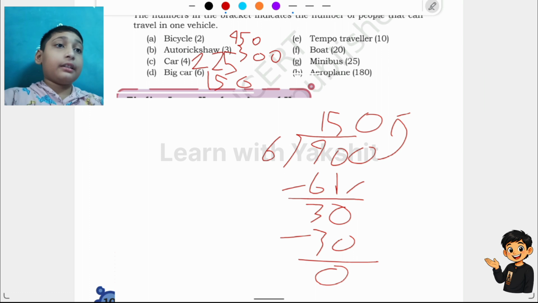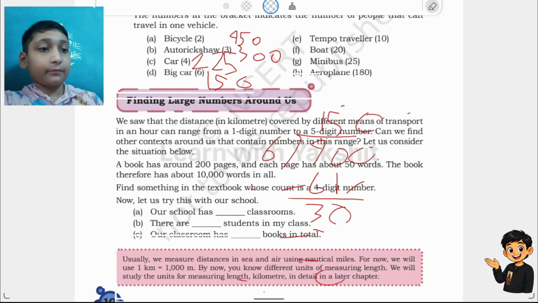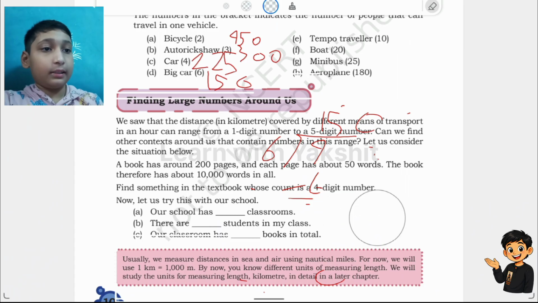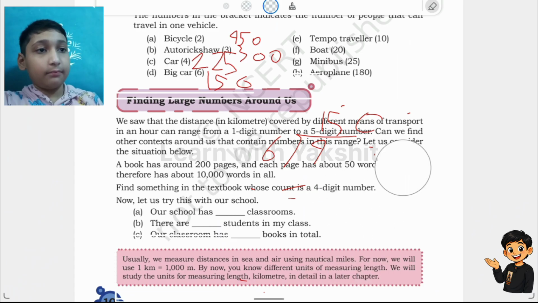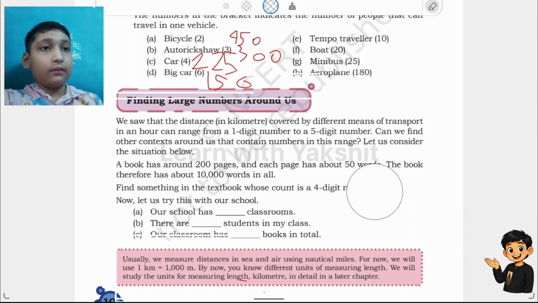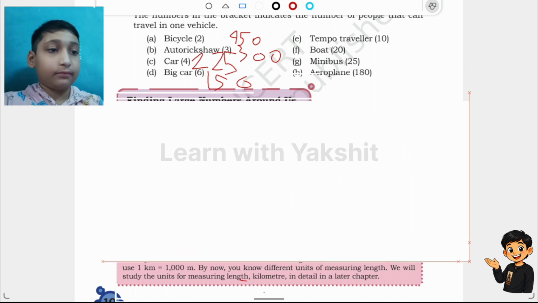40. Now in the E, it's also very simple. Wait, let me erase this. Now, in this, you can see that you have to make a big square.